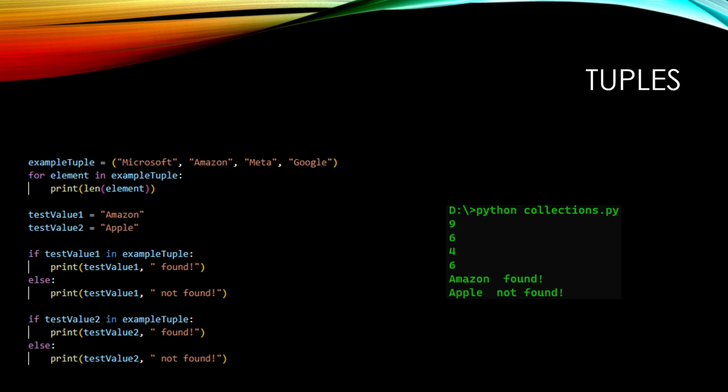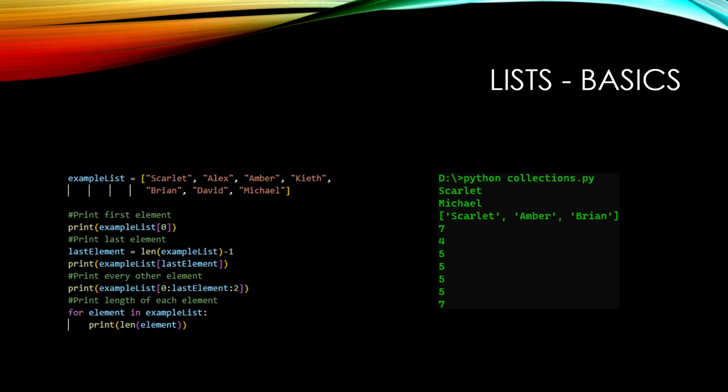What I do want you to focus on, however, is lists. And we're going to spend a few slides talking about lists and what they look like. So, the first thing to note, we've created an example list, and its contents are in square brackets.